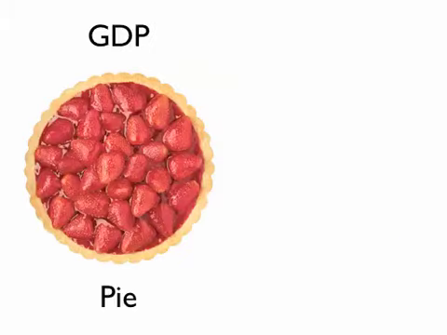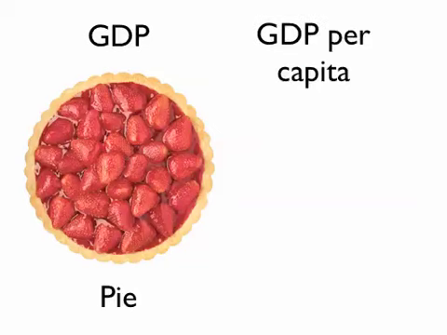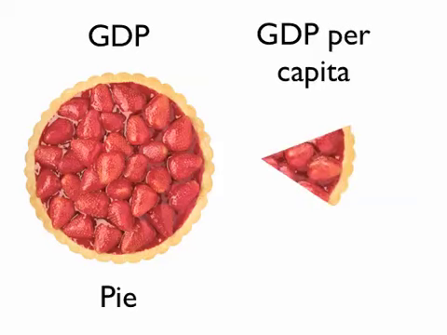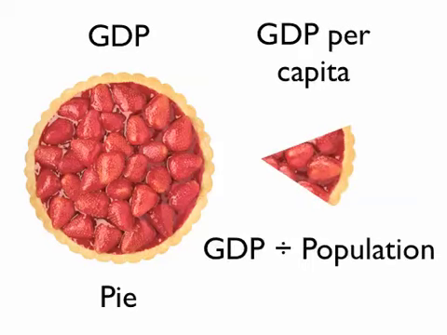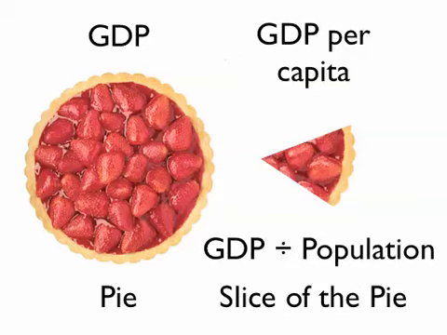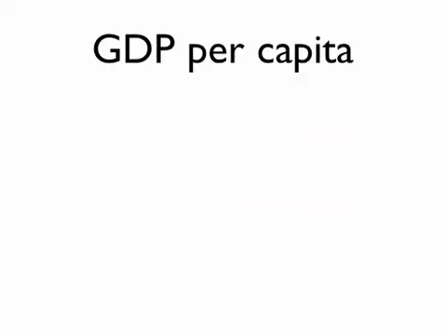You can think of GDP as the size of the pie that a country creates, and GDP per capita is the size of the slice if we were to divide that pie by the population of that country. The size of each slice would be the average size that each person in that country would be creating in terms of the GDP.